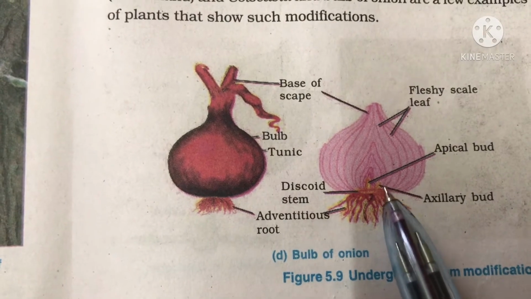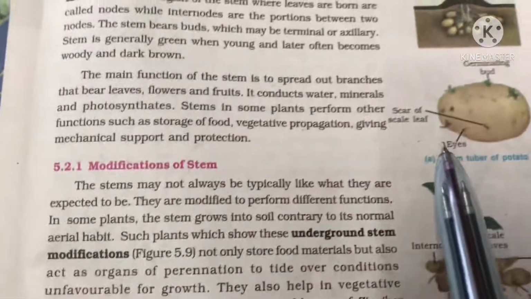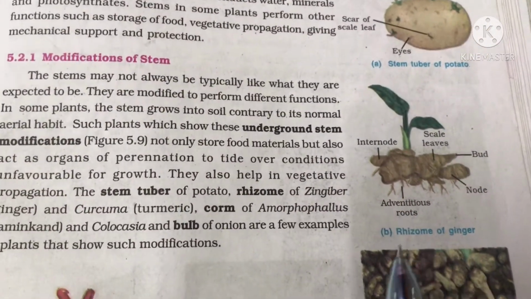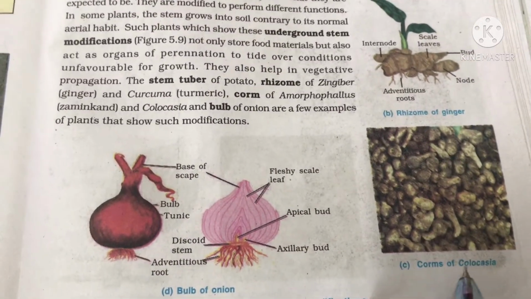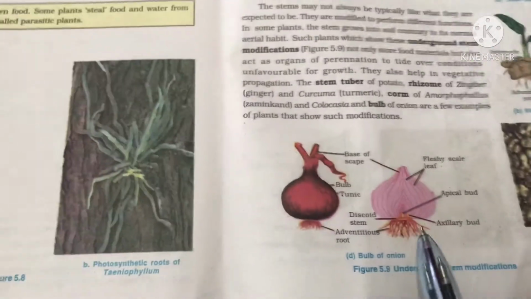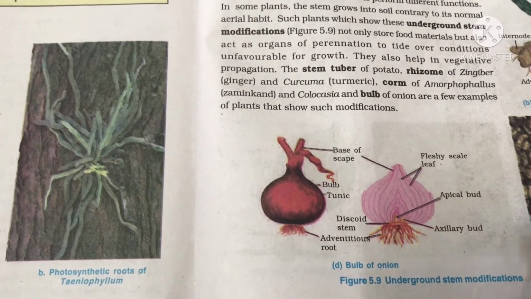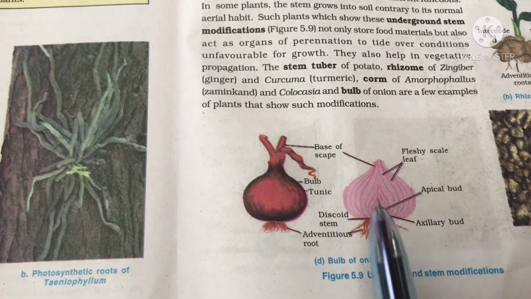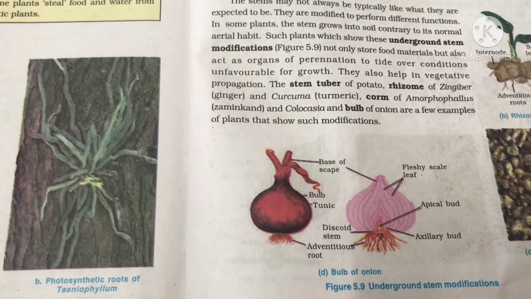Actually, the underground stem is differentiated into four types: stem tuber of potato, rhizome of ginger, corms of colocasia, then bulb of onion. These four types of stems are seen underground, so they are called underground stem modifications.